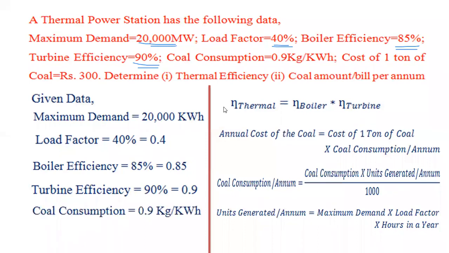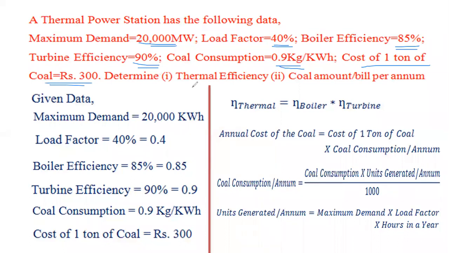The coal consumption given in the problem is 0.9 kg per kWh. We need to generate 1 kilowatt hour. How much coal is required? 0.9 kg. As well, they have given the cost of 1 ton of coal, which is 300 rupees.